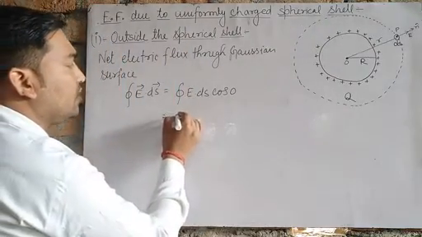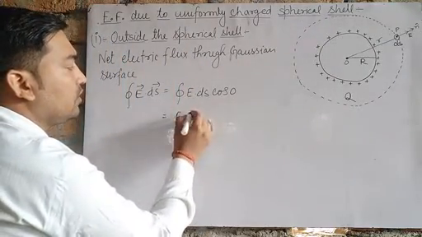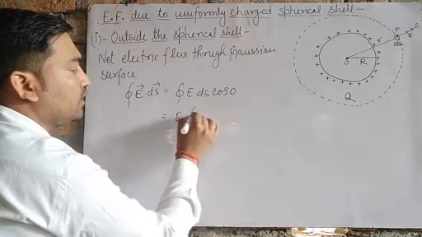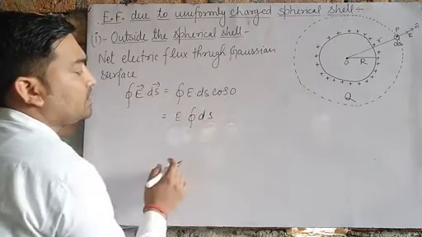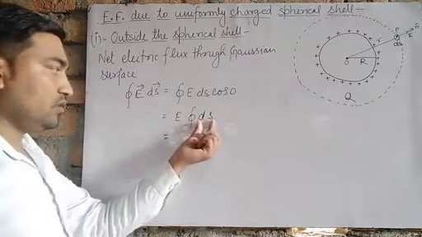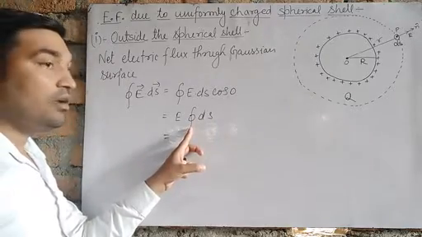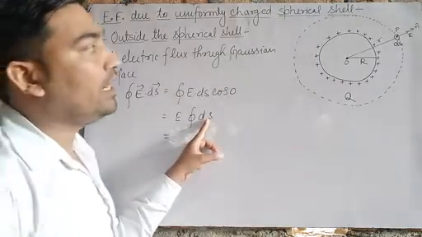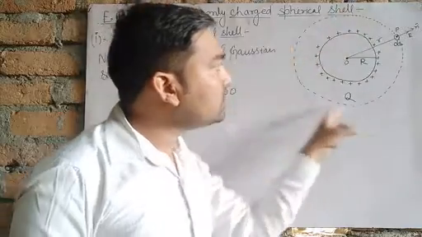Since cos 0 equals 1, it becomes E times the closed integral of ds over the whole surface.